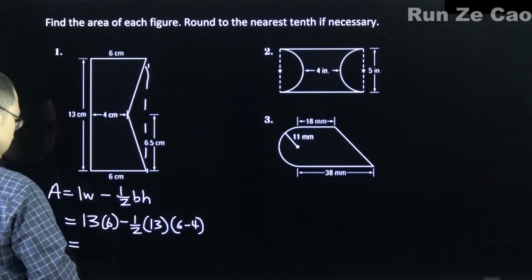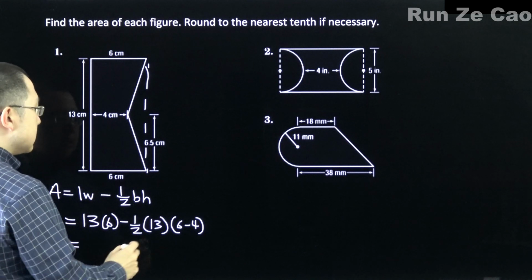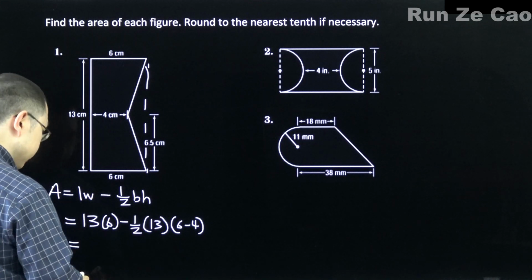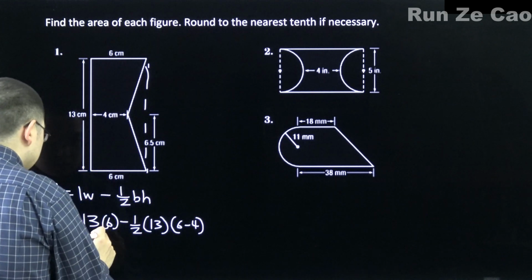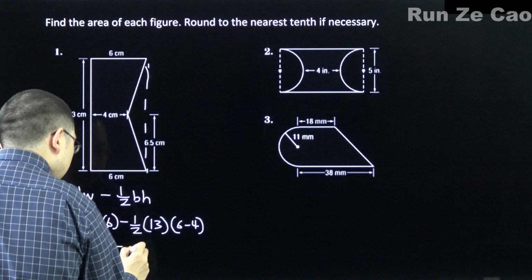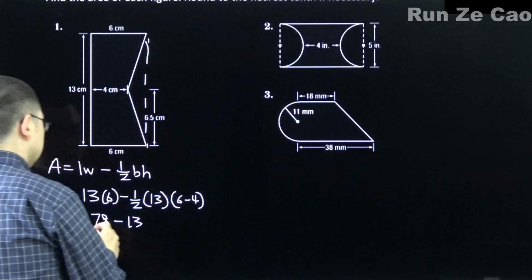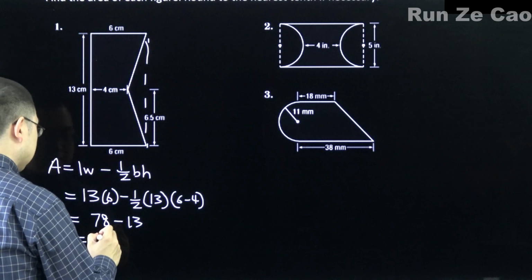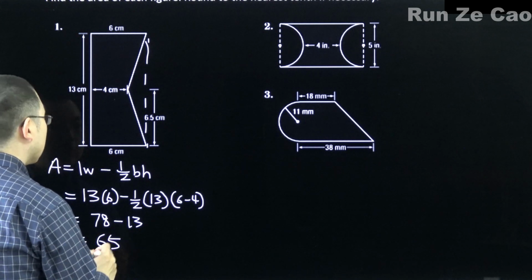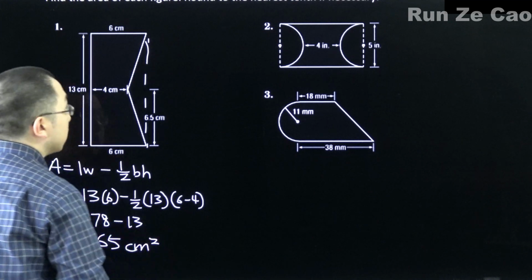So we're going to be looking at 13 times 6 minus 13. So 78 minus 13, which is of course 65, or 13 times 5. What are the units? Oh, it's centimeters squared.